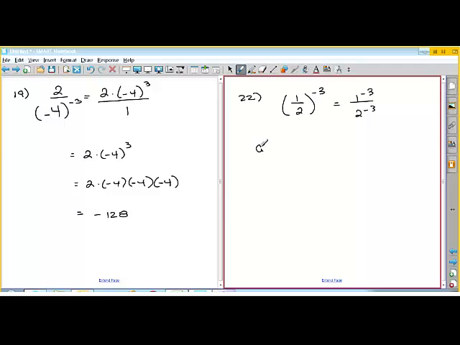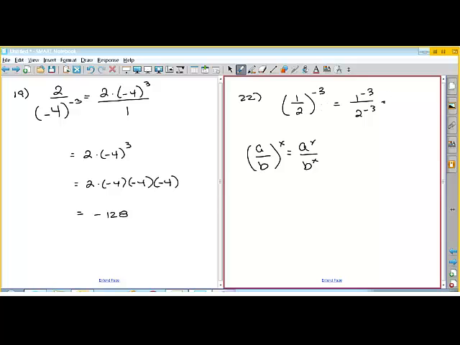So that's one of those rules. I guess I didn't show that. If you have a over b to the x, it's the same as a to the x over b to the x. So it's similar to the product rule. If you have a quotient raised to an exponent, it's the individual terms of the quotient individually raised to the exponent. So what I've done here is I've had 1, which is the numerator, and I've raised that to the negative 3rd power. Likewise here with 2.